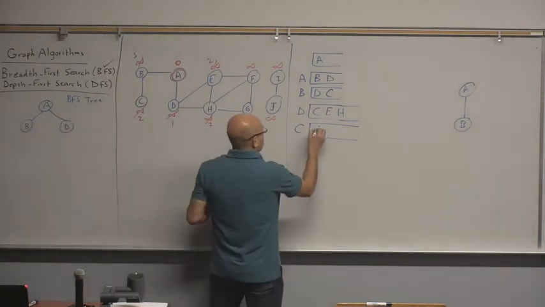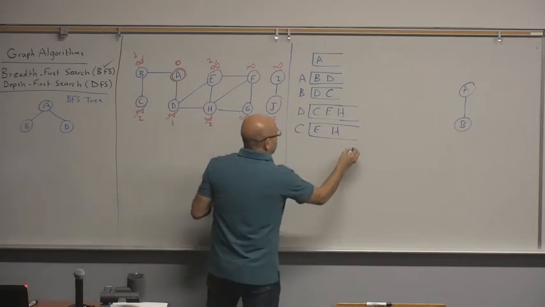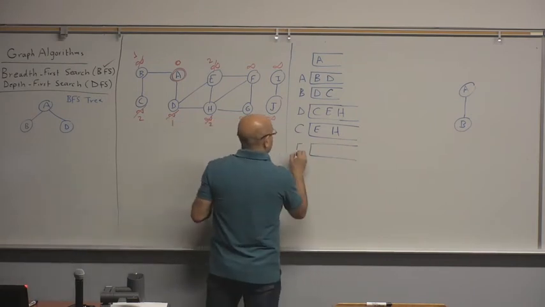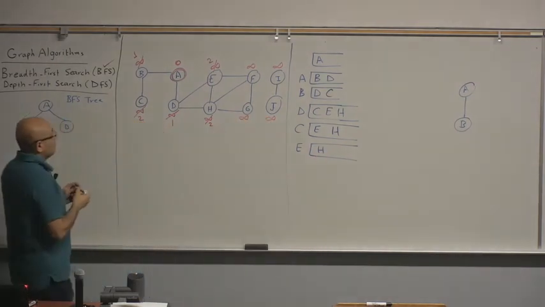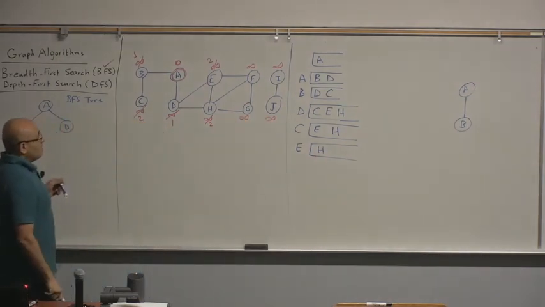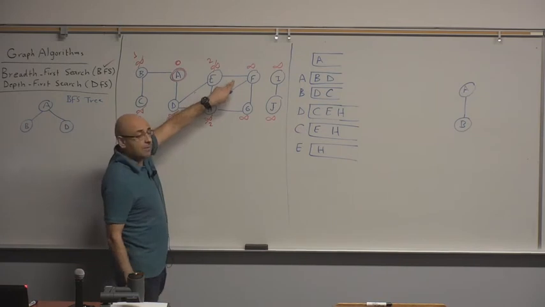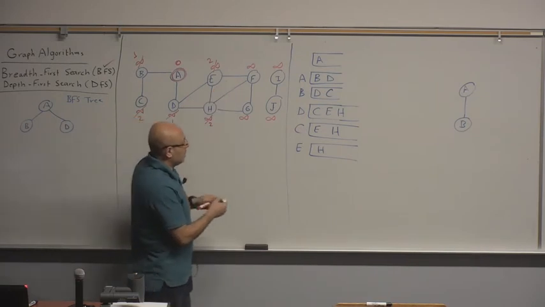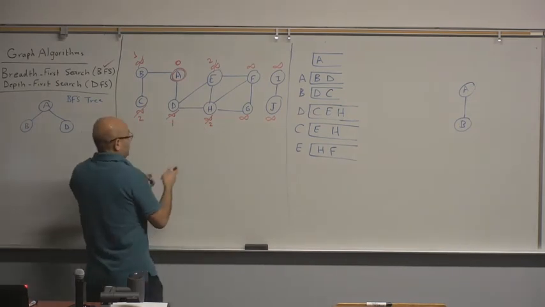So now I have E and H. Then I dequeue E, and I put the neighbors of E. So the neighbors of E that have not been visited are F only. F is the only neighbor that hasn't been visited. So I put F, and I give it level 3.